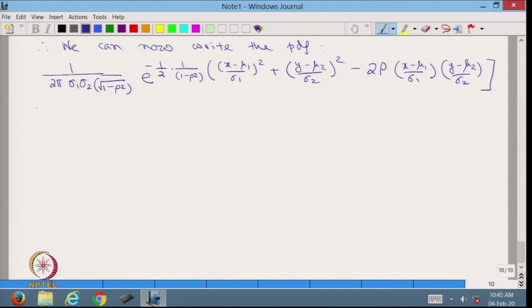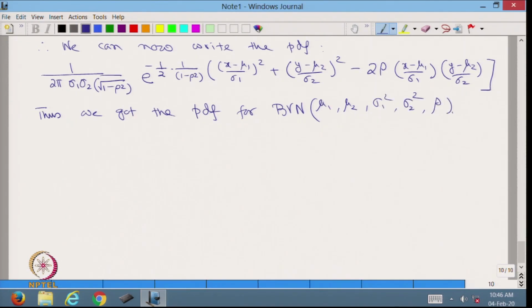Thus, we got the PDF for bivariate normal with mu 1, mu 2, sigma 1 square, sigma 2 square and rho. So, very easily we can now understand how this formula has been arrived at.